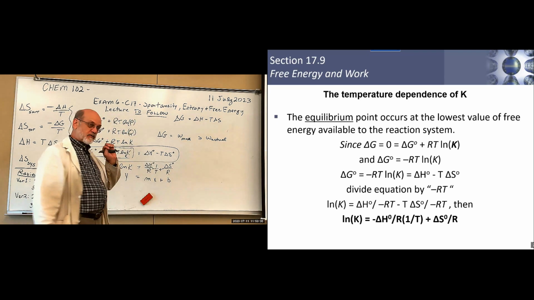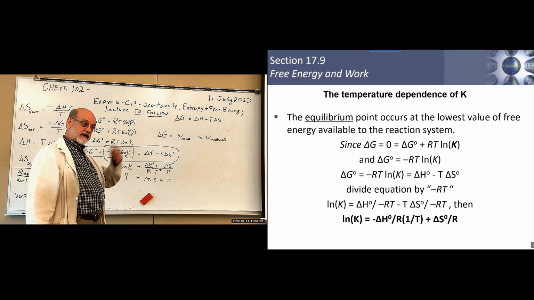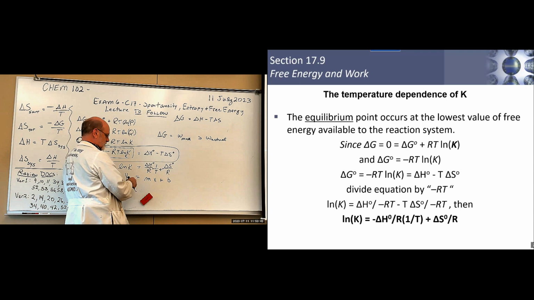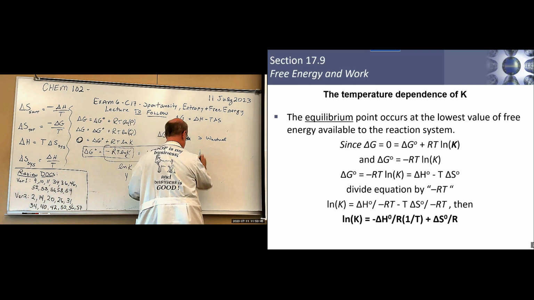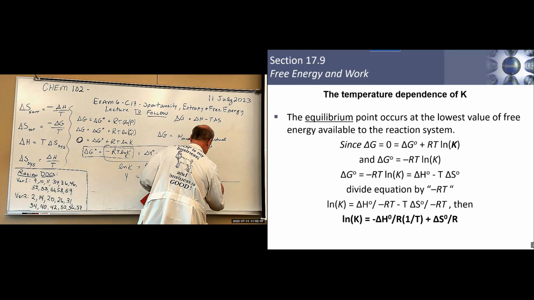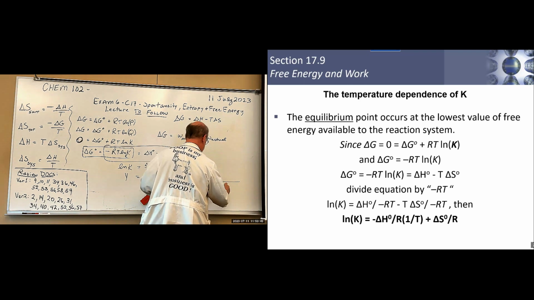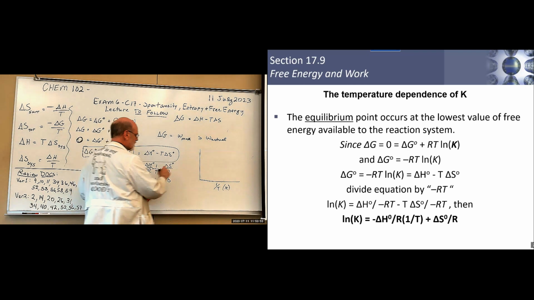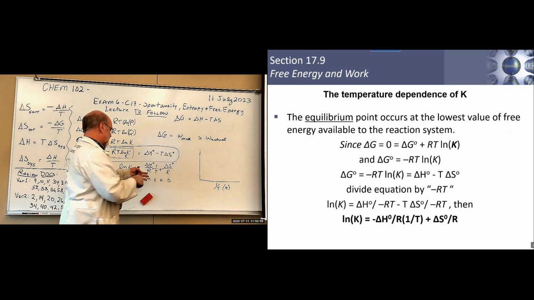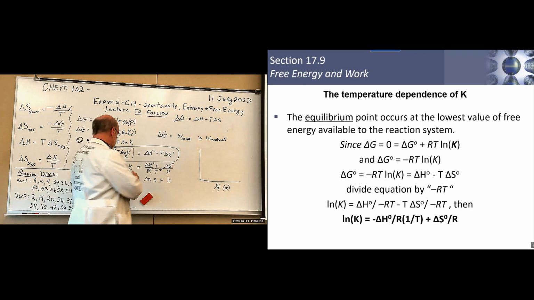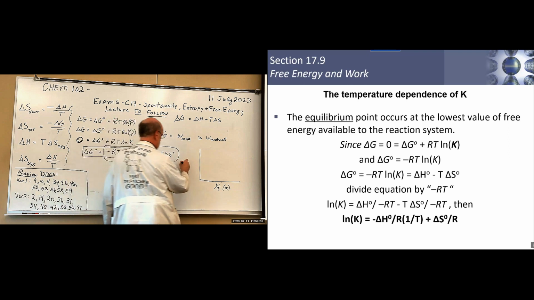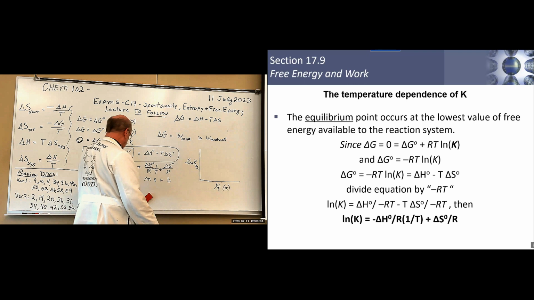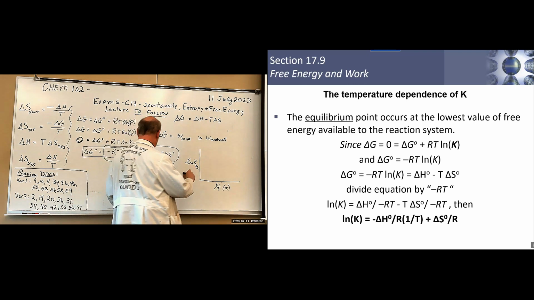So if we run an experiment and we plot 1 over the temperature in K as x against log K_eq, we get a straight line.